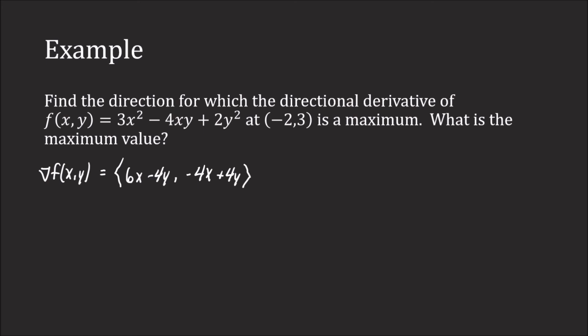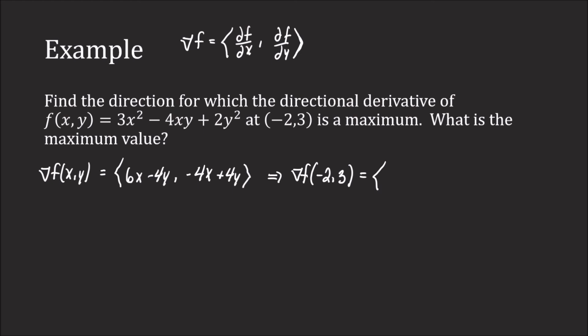And again, remember, the gradient of f is partial f, partial x, partial f, partial y. So this would mean then that the gradient of f at negative 2, 3 is 6 times negative 2, so negative 12 minus 12, that's negative 24.